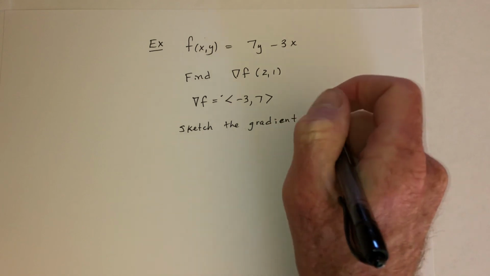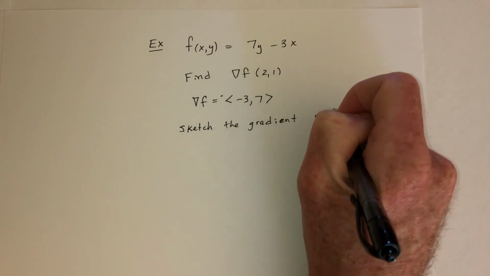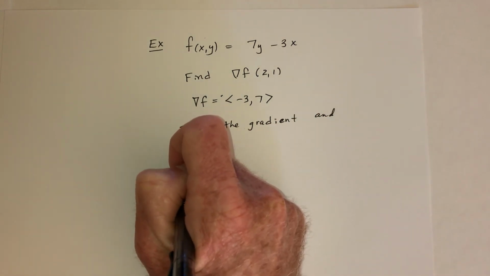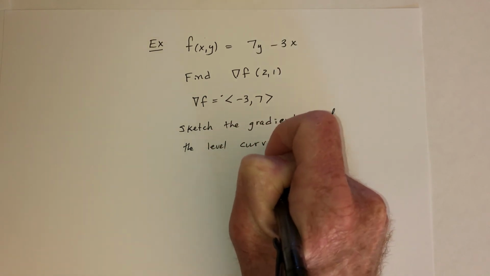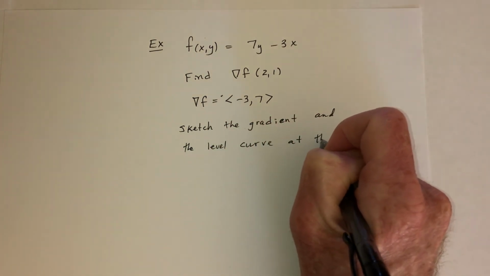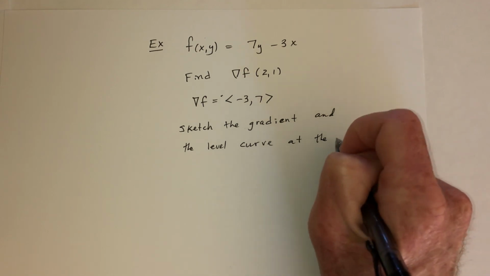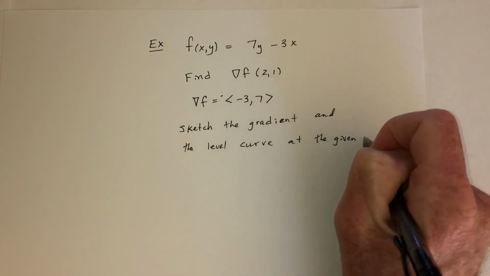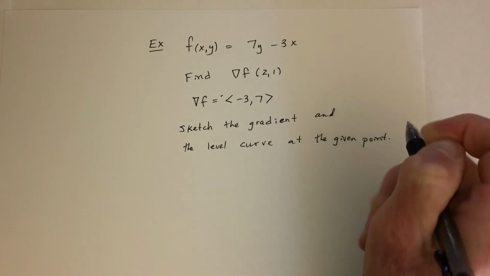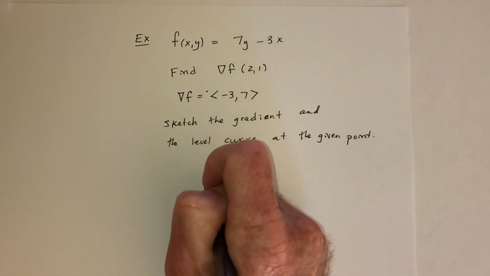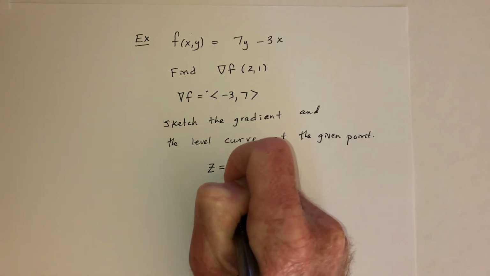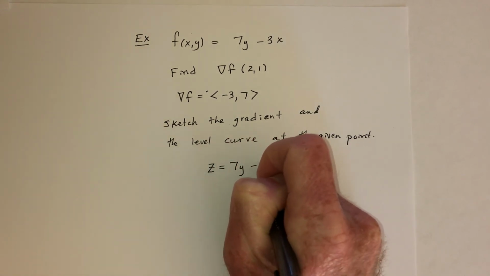Then sketch the gradient and the level curve at the given point. Okay, so what they're talking about here is our function is z equals this.